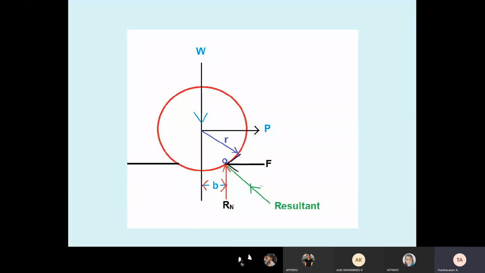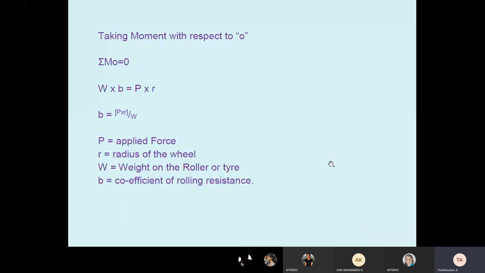That means what? The horizontal P is increased, students. That means the rolling resistance increases. So the resistance must be less, then only it can rotate and roll. That's why we calculated the P value. Suppose P is increased, the horizontal force increases, definitely the tire is not moving. Okay, understand? Therefore, we calculate the coefficient of rolling resistance.